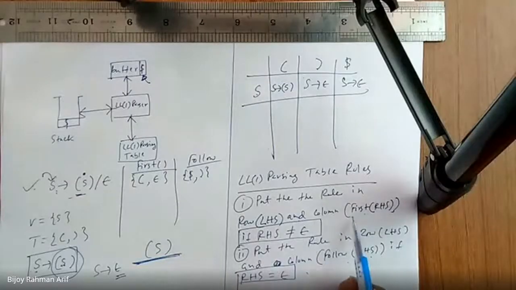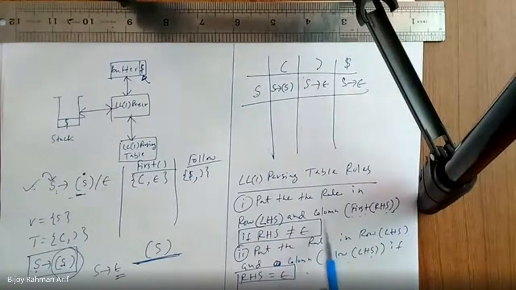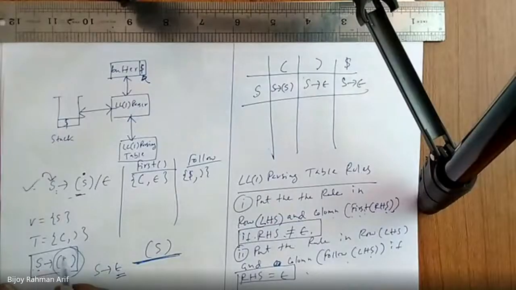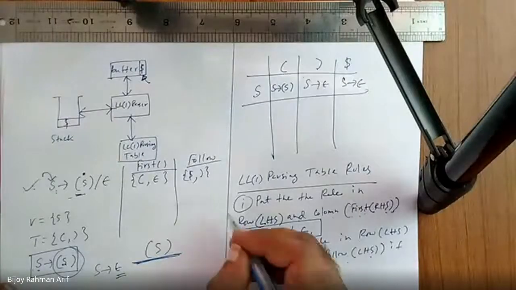Put the rule in row of LHS and column of first of RHS if RHS is not epsilon. The first production is S derives open parenthesis S' close parenthesis. So it is not epsilon, so we have to use rule number 1.